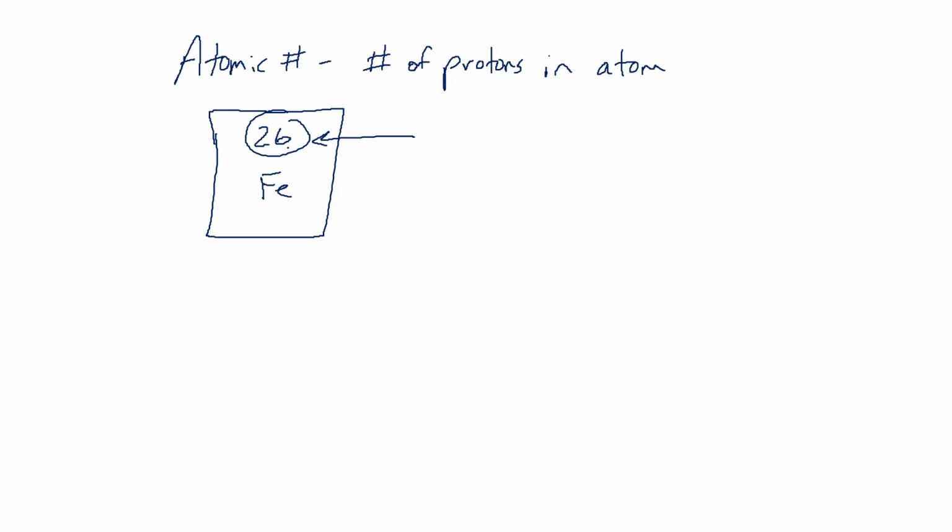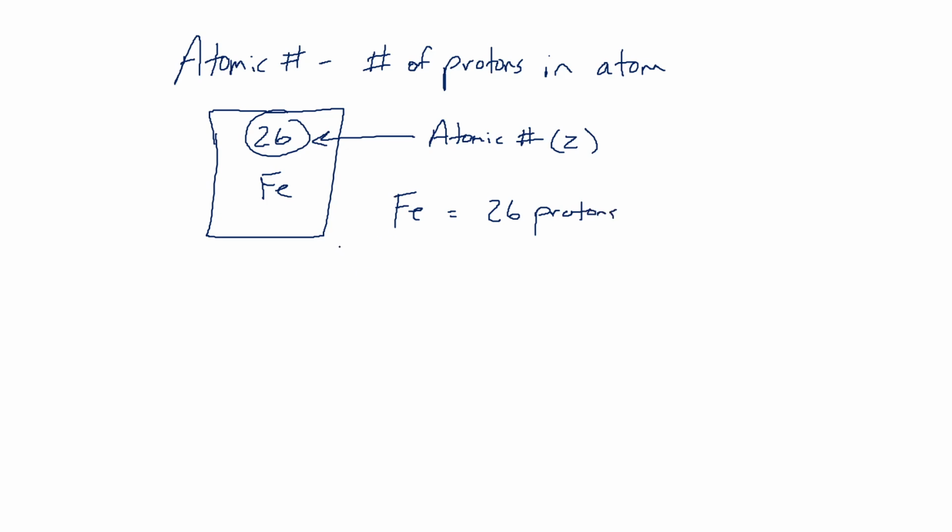That right there is our atomic number, or again, sometimes called Z in abbreviation. And that tells us the number of protons there are, for example, in iron. So iron would have 26 protons.